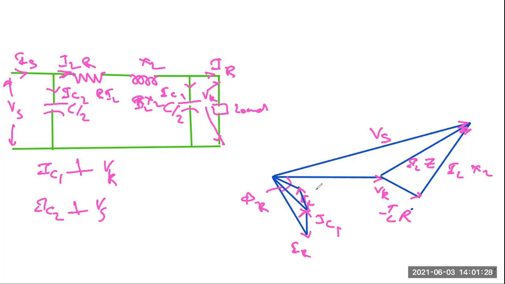So this will be your IC2 and this will be your IS. Now the angle between VS and IS, that will be your phi S. Any doubt anywhere? Please tell me.